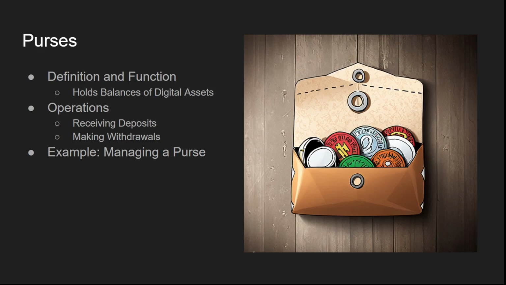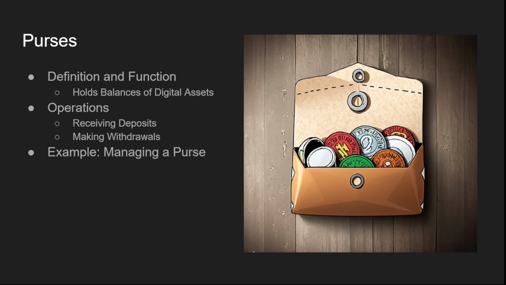Think of it as a digital wallet specifically designed to store assets created by a mint. Each purse is associated with a particular brand, ensuring it only holds one type of asset. For example, a purse might hold USD coins or tokens representing a specific digital asset.